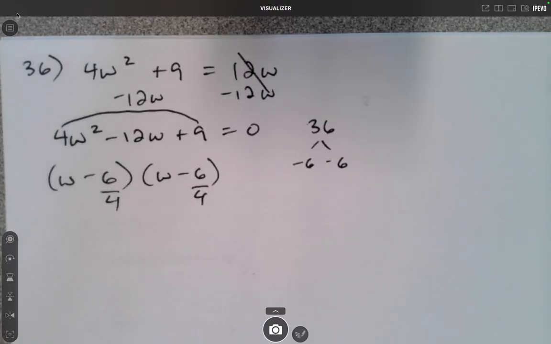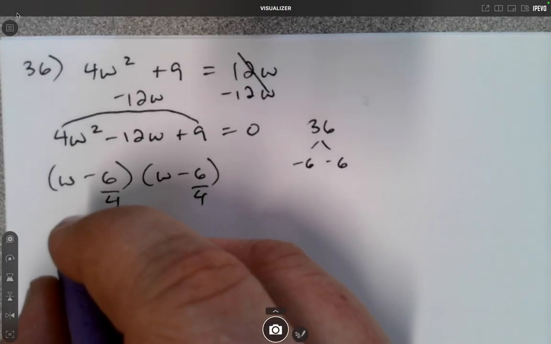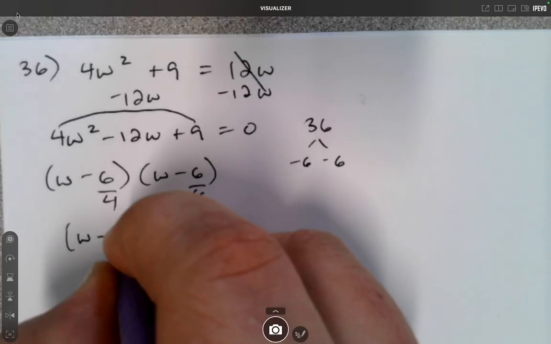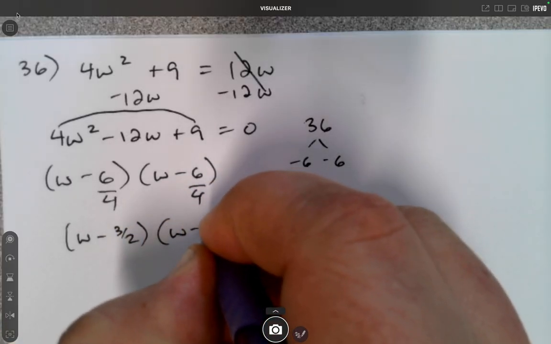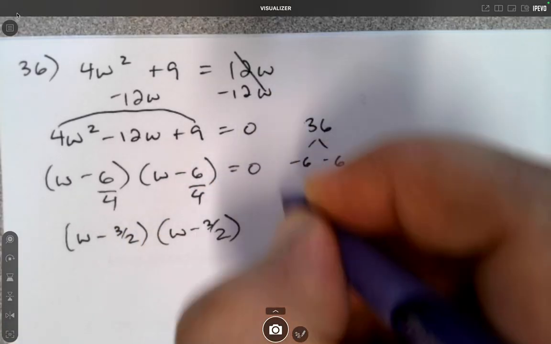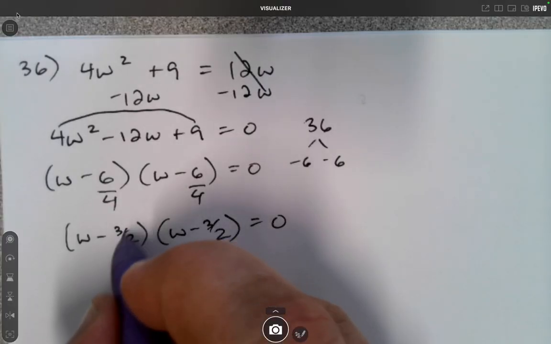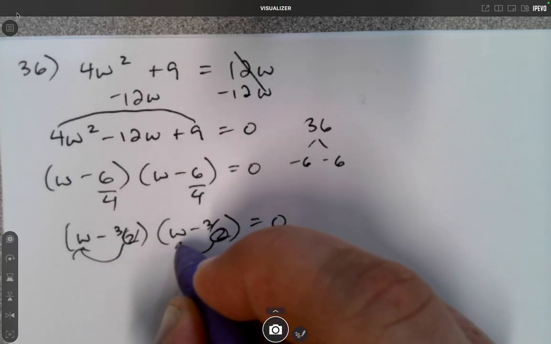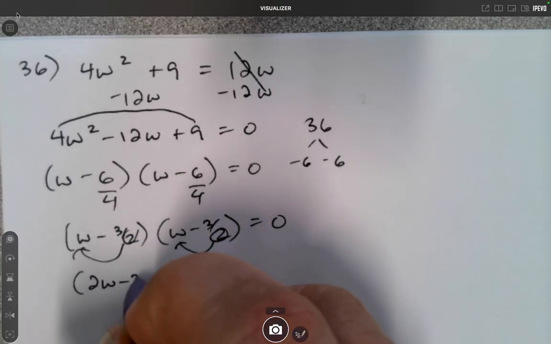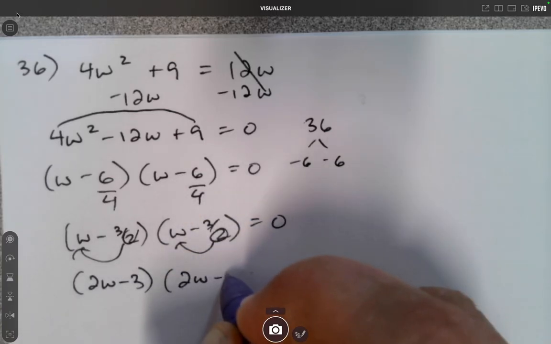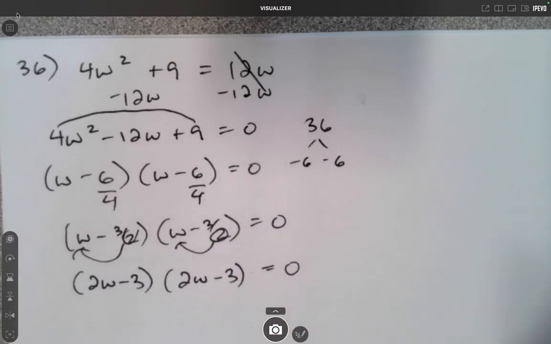Don't forget, before you bring the bottoms up, you must reduce. So this reduces to 3/2. Then we bring the bottoms up. We get 2w minus 3, 2w minus 3 equals 0.